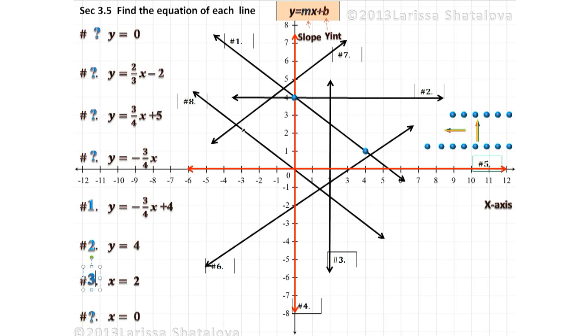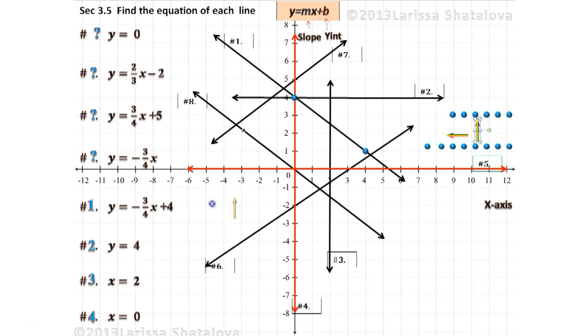Number 4. What do we have in number 4? X-intercept is 0 and y is changing all over. So this is equation number 4, x is 0.